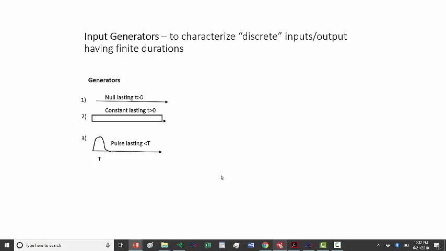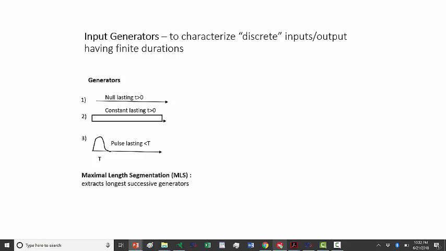A generator has a length to it in time. It could be null, which has no values but has a time duration. It could be a constant that lasts a certain time, or it could be a pulse that has a certain duration.